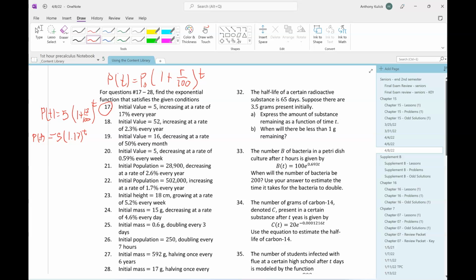Peyton? Okay, so at 21, I kept doing what 17 through 20 was doing. But then I was wrong. Did you see the word decreasing? Yeah, I guess. But what is that going to say about R?